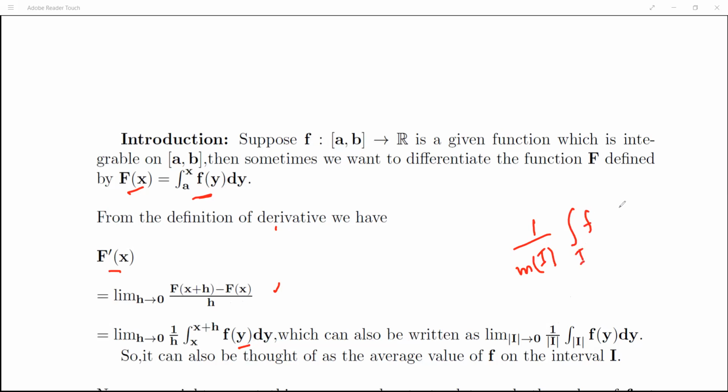So you want to calculate the limit as the measure of this interval goes to 0. It can be treated as a kind of average value of f on the interval. That's the main point, and that's why it's also known as an averaging problem.